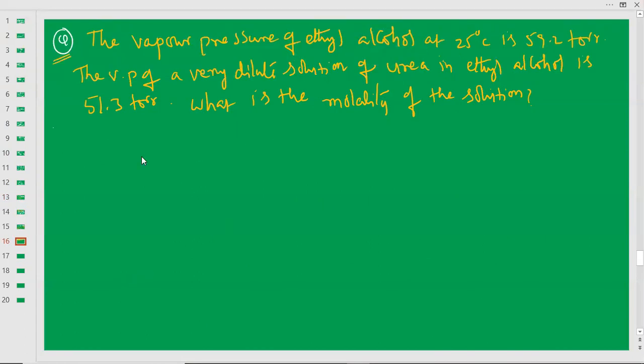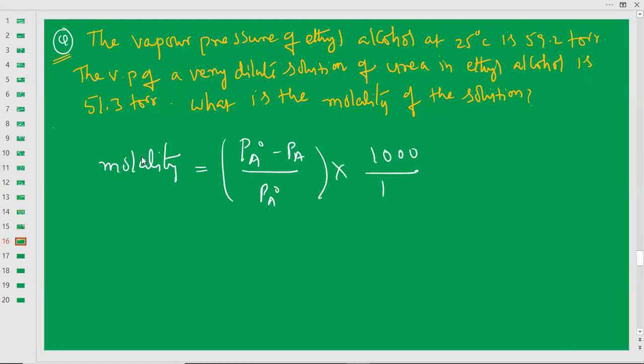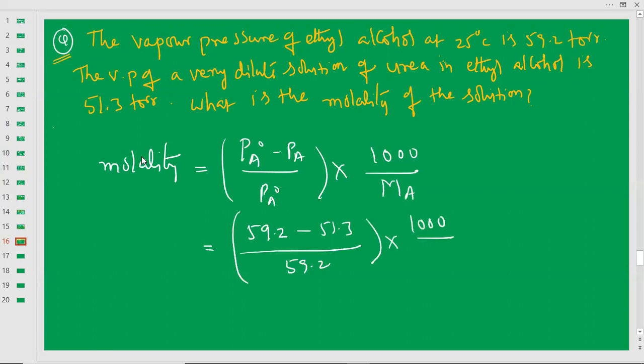What is the molality formula? Molality is equal to RLVP into 1000 by molecular weight of solvent. What is the RLVP formula? PA naught minus PA by PA naught. Here the PA naught value given in the problem is 59.2 and the solution value is 51.3, divided by again 59.2, into 1000 by the molecular weight of solvent.